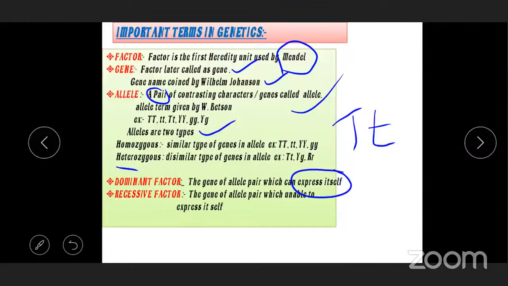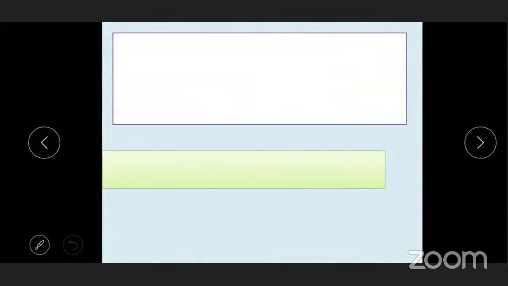Here I have given one example so we can understand what is dominant and what is recessive. One tall plant and one dwarf plant are crossed, and tall plants are produced in the first generation.